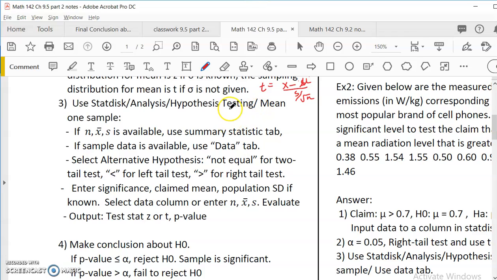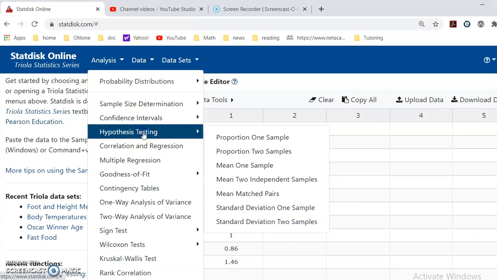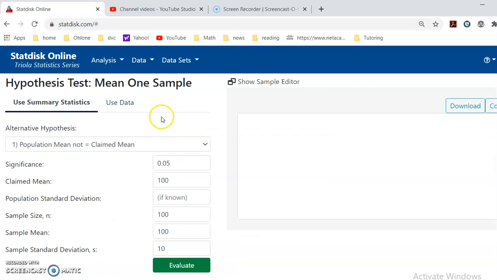After you have your sample, the one that you use to calculate the p-value and the z or t statistic is under this hypothesis test. So I'm going to show you a little bit of analysis, hypothesis testing. You could see mean, one sample. This is where you calculate it. If you have a summary statistic, you do that.